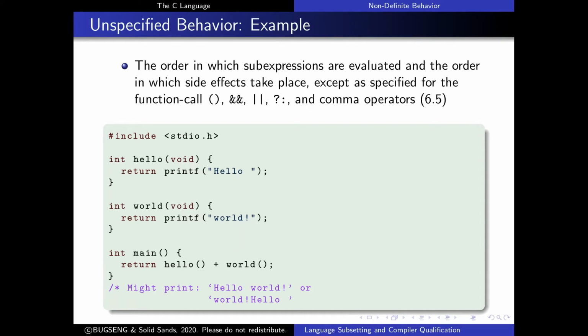If I complicate the example and instead of returning immediately, I complicate main by computing this sum 10 times, there is no obligation whatsoever on the part of the compiler to compile every occurrence in the same way. The compiler can call hello first in the first instance, and it can call word first in the second instance, and so on.